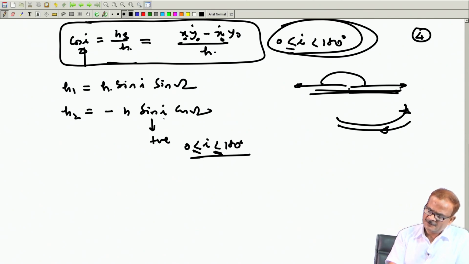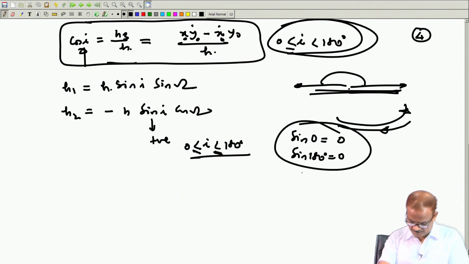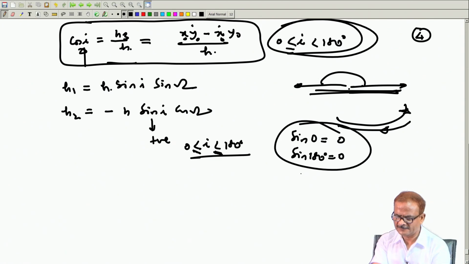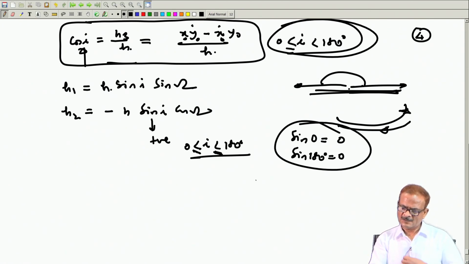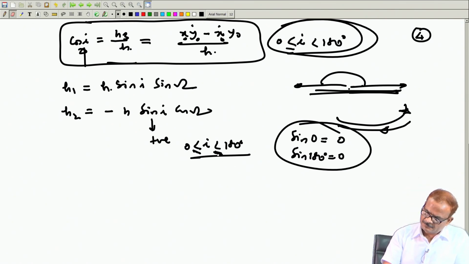For I equal to 0, the problem will be that sin 0 equal to 0 and sin 180 equal to also 0. This is the problem. So, which one is it then referring to, that you have to decide, and that is why I told you that if we just keep this part, this ambiguity will not be produced.